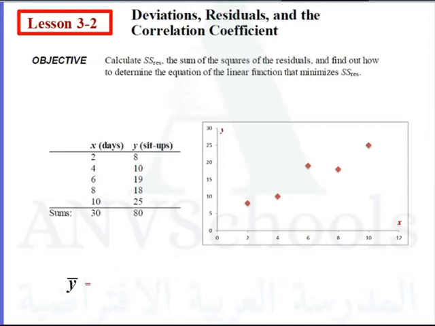So in 2 days, he got 8 sit-ups. In the 4th day, he got 10 sit-ups. In the 6th day, he was able to make 19 sit-ups. And on the 8th day, 18 sit-ups. On the 10th day, 25 sit-ups.